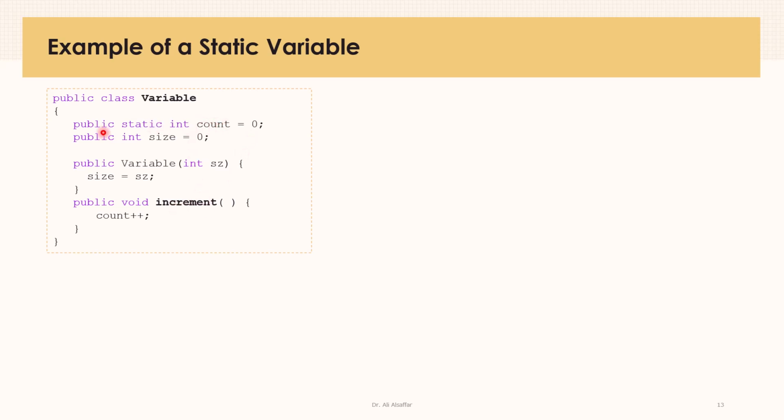And remember that if you create more than one object from this class, then you will have only one variable for count that is shared by all of them. Let me show you how we can create objects from this class and how we can access the static data as well as the instance variables.